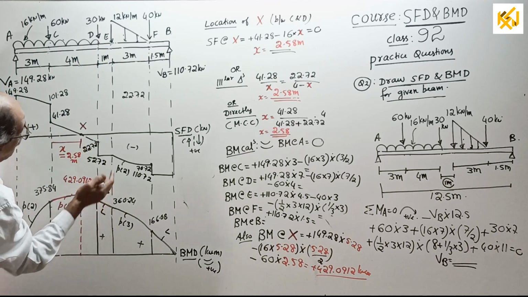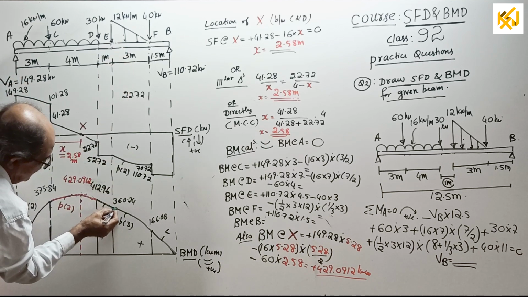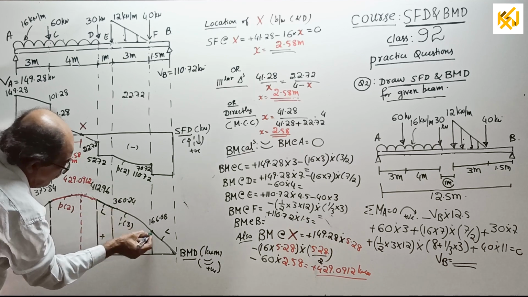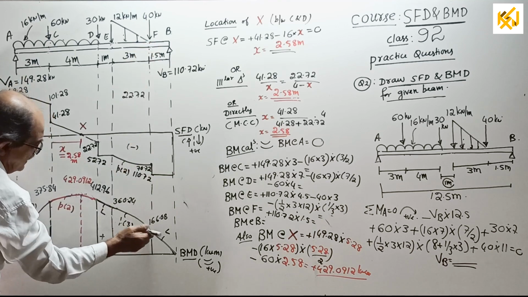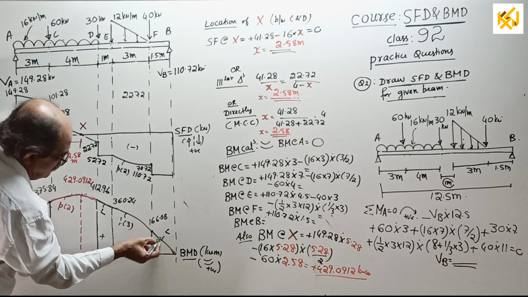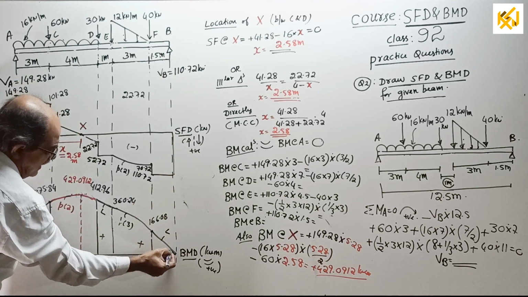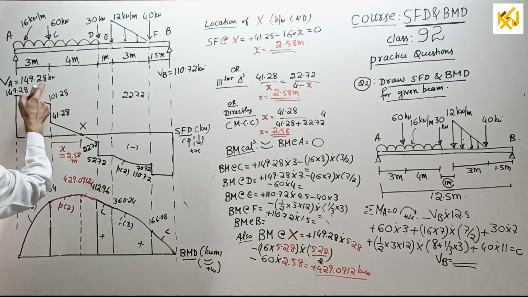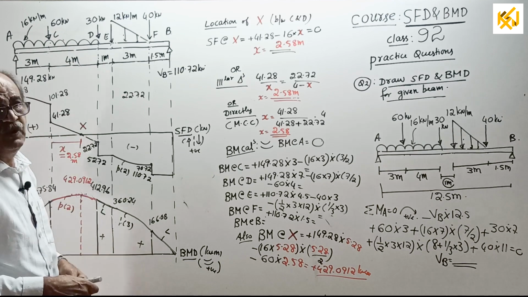That side slope is more. And here, if I draw tangent, see actually, if I continue this line, this linear, it should be tangent to this one. Because why? Either side same slope. Here, this side slope is lesser, 70.72. That side slope is more. Here, linear, 110.72. Here, high slope, 149.28. Okay, now BMD is drawn, everything is over.